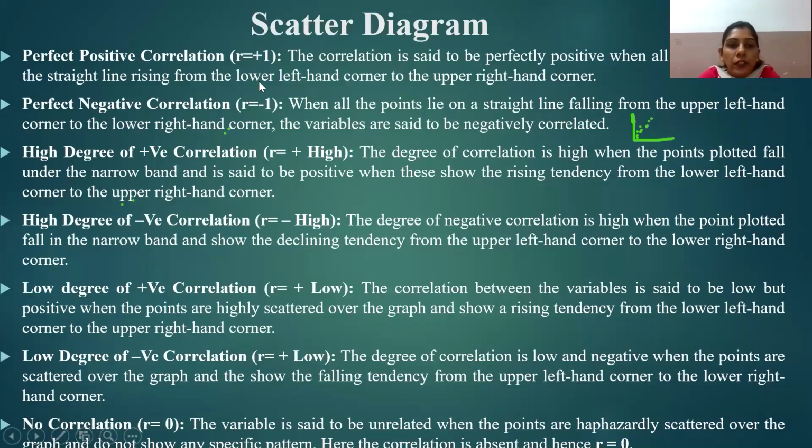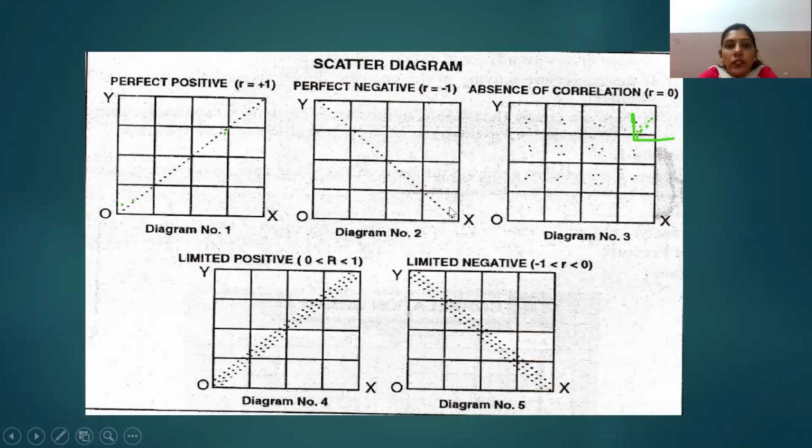Now, perfect negative correlation. If all the points lie on a falling straight line, the correlation is said to be perfectly negative, and the value of r is equal to minus 1.